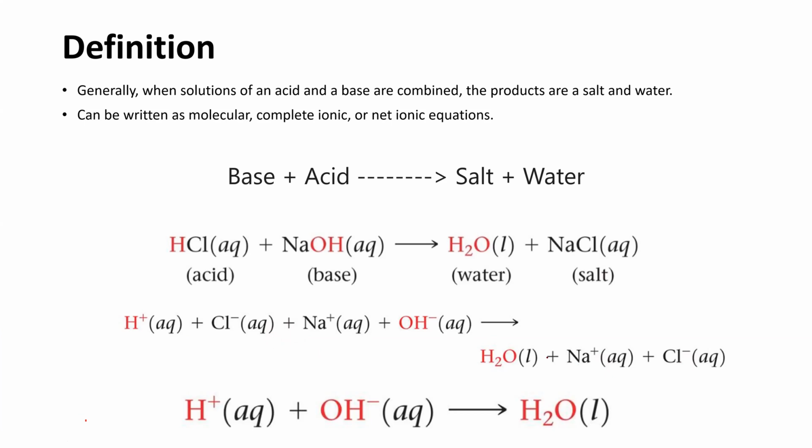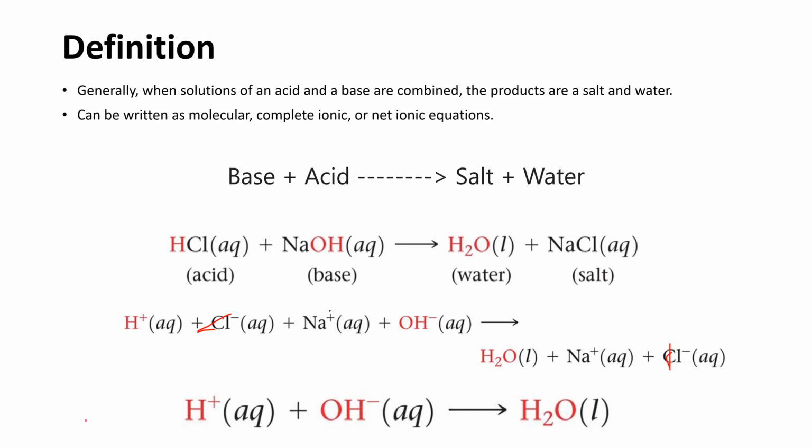We will cancel these ionic species. Let's say this is Cl negative and it is present on the left side, and it is present on the right side also. So we can cancel these, because when they move to the other side of the equation, they change sign. If it is positive, it goes to the other side with a negative sign, so they cancel each other. So we can cancel from both sides of the equation.